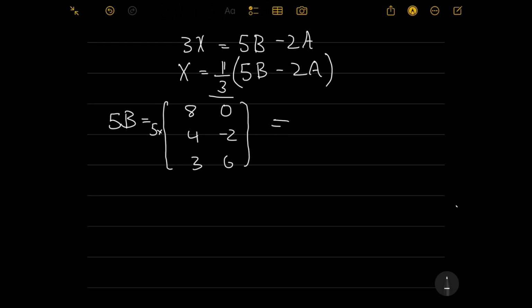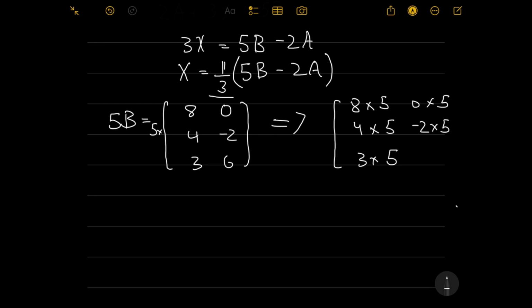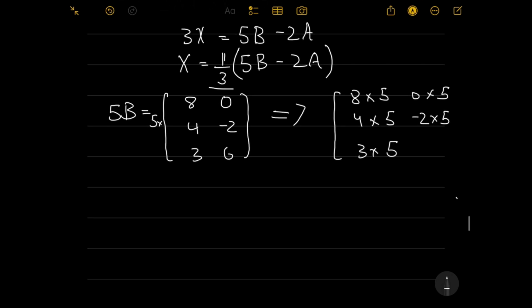So this is the matrix B. We're gonna multiply 5 with it. 8 into 5, and 0 into 5, 4 into 5, minus 2 into 5, 3 into 5, and then 6 into 5.